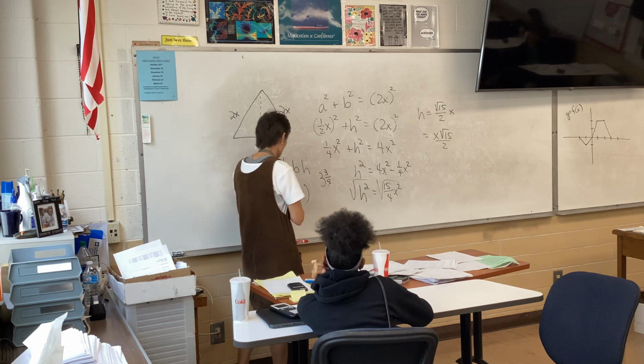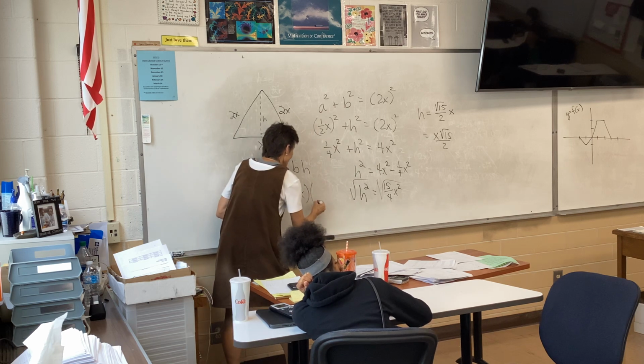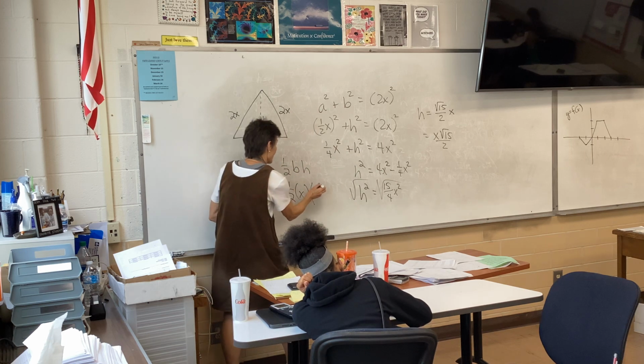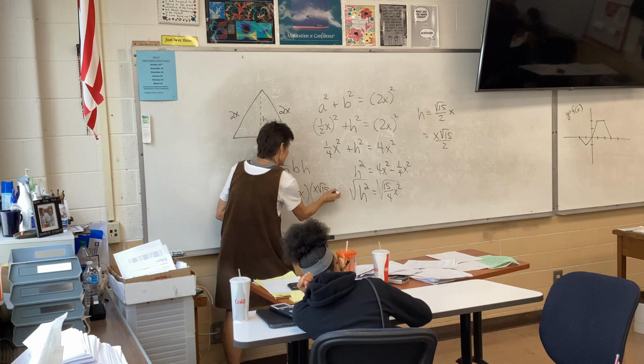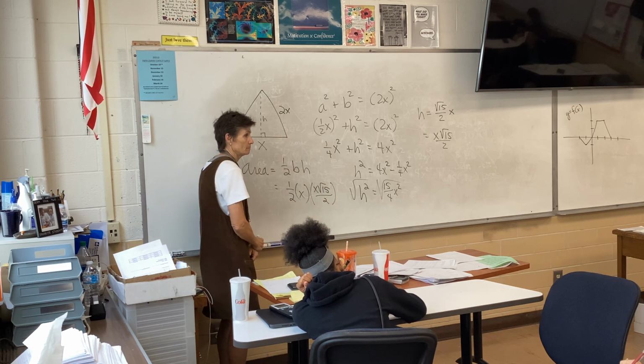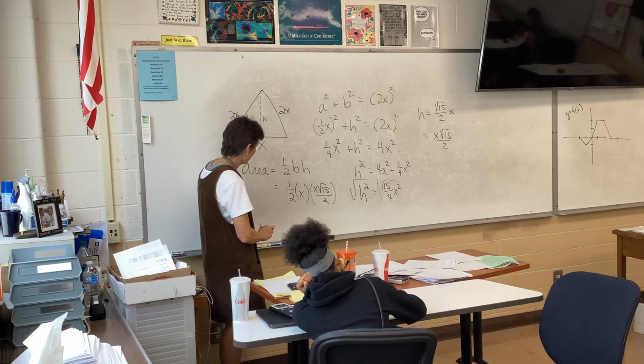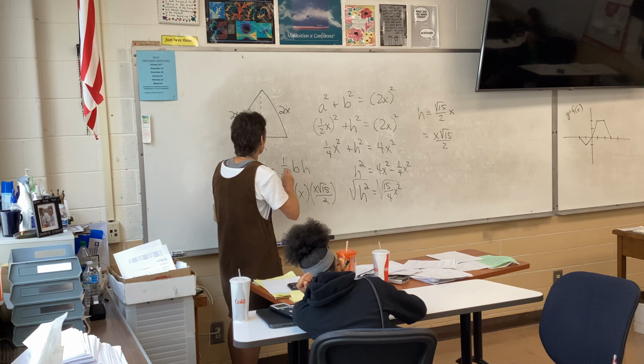All right, now, where's my area formula? Right here. So what's h? x root 15 over 2? Well, there's your answer. Just clean it up a little bit. So what are we going to have?